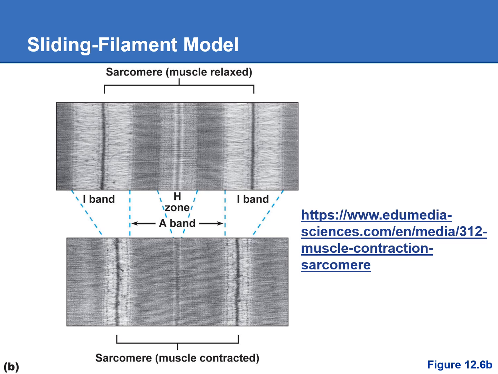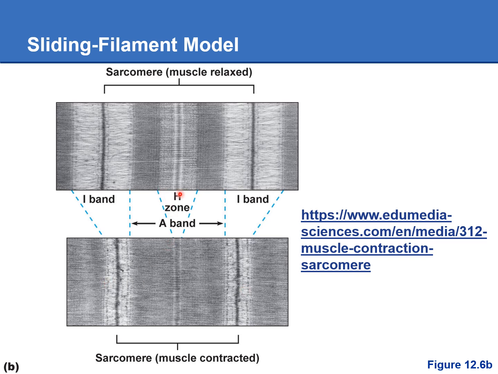And then here's an actual microscope view of the sarcomere. And we can see the sarcomere is relaxed here on the top. Muscle has not started contracting yet. So from Z line to Z line, that's going to be one sarcomere. And then on the bottom, our muscle has contracted. So you can see the sarcomere has shortened.